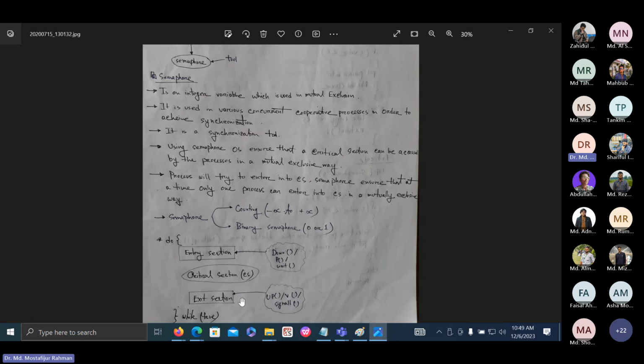We don't discuss too much about the critical section; we focus on the entry section and exit section. In the entry section, the function name can be down, or P, or wait.